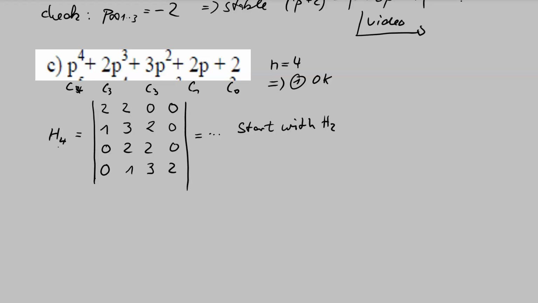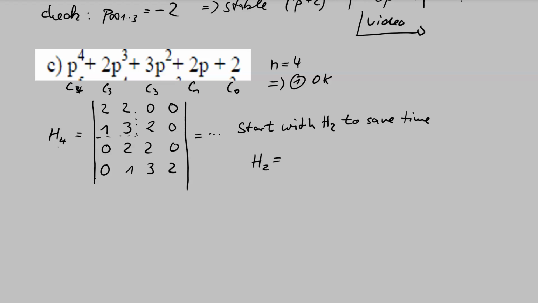If this is true, then we start with the calculation of the last element. So I think start with H2 to save time. If this condition is true, of course, then we have to calculate H3 and H4. So a good tip is first calculate H2.